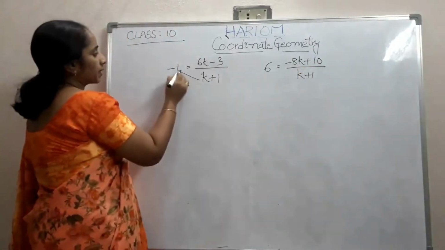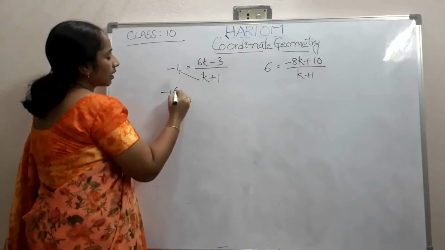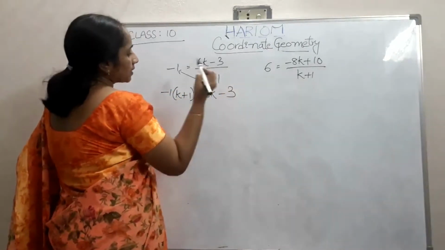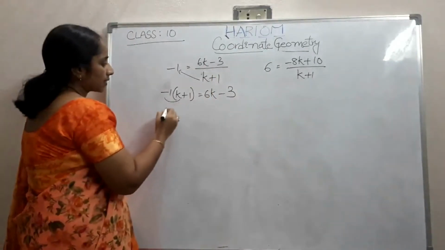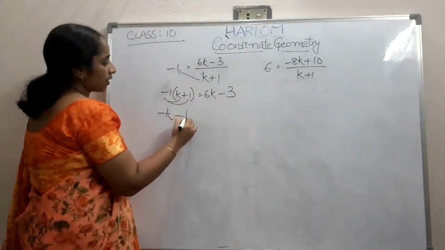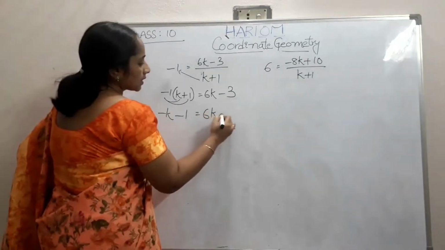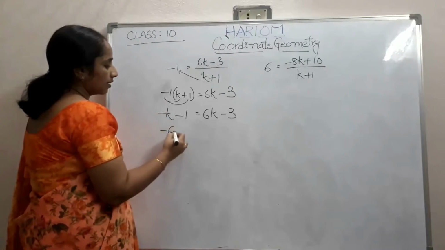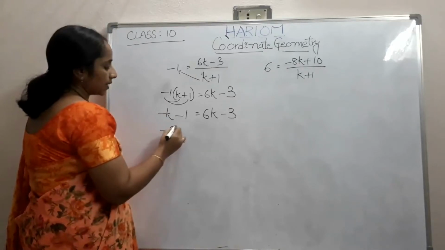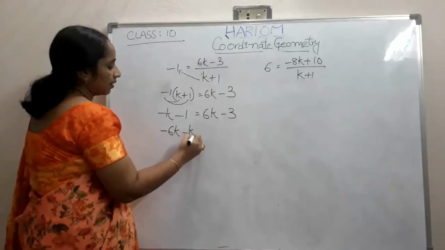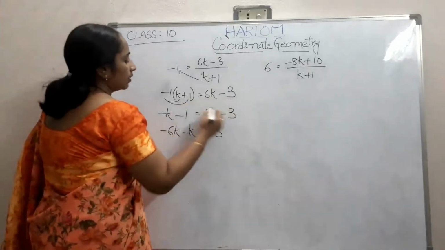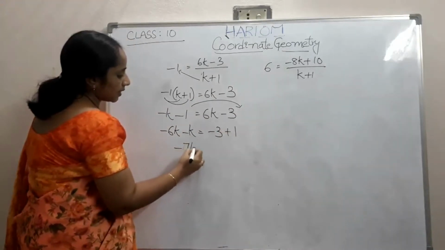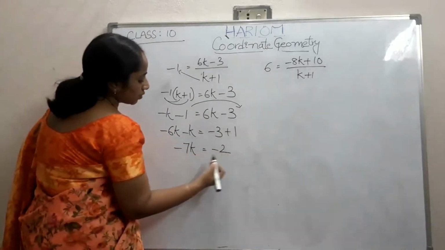Now again by cross multiplication, -1 into (k + 1) is equal to 6k - 3. Here -k - 1 is equal to 6k - 3. Take all k terms to one side. It is -6k - k is equal to -3 + 1. It is -7k is equal to -2.